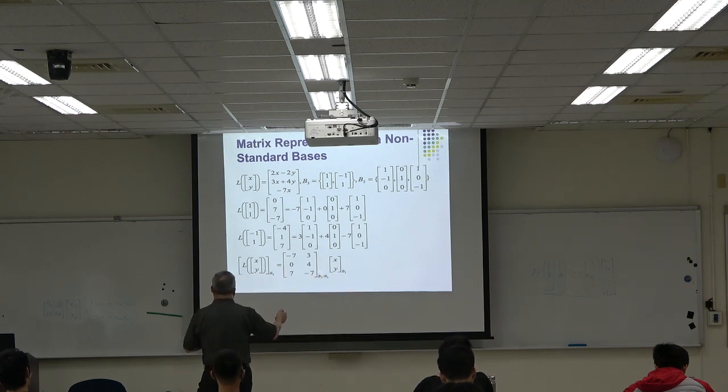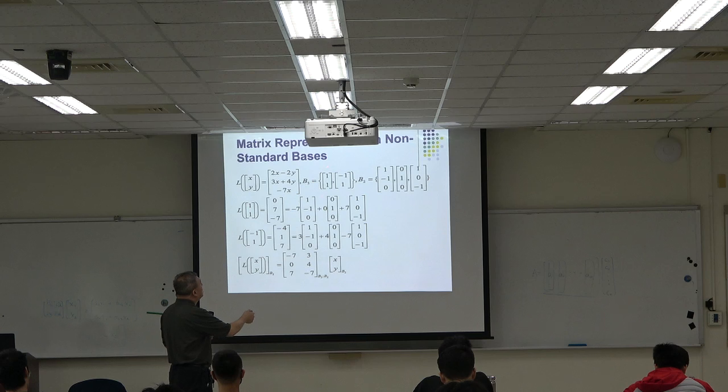So we put the first column vector in B3 into the linear transformation.